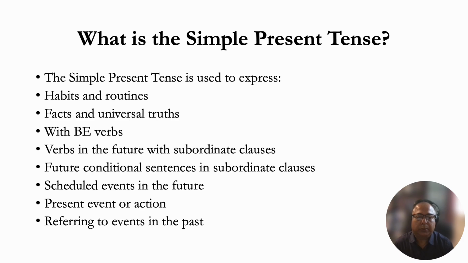It's also used with verbs in the future with subordinate clauses, future conditional sentences in subordinate clauses, scheduled events in the future, present event or action, or you can even use the simple present tense to refer to events in the past. Okay?